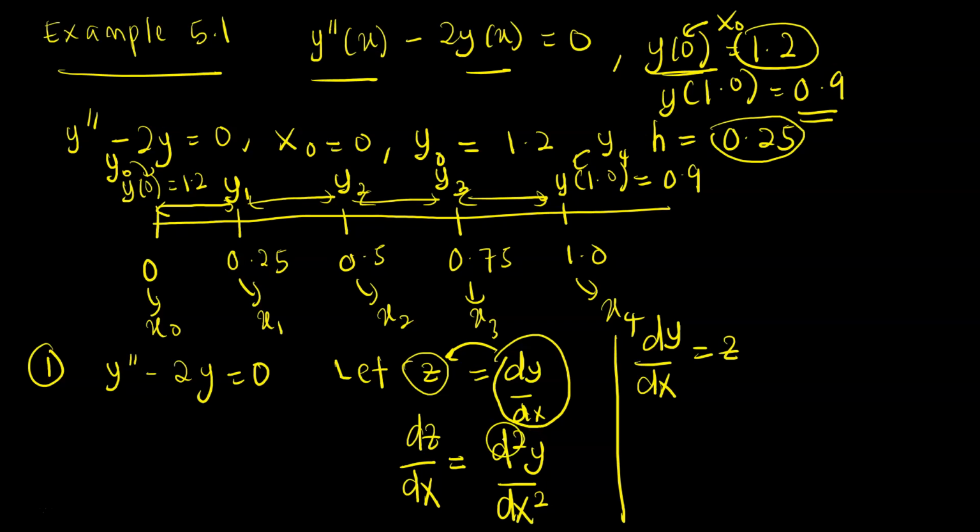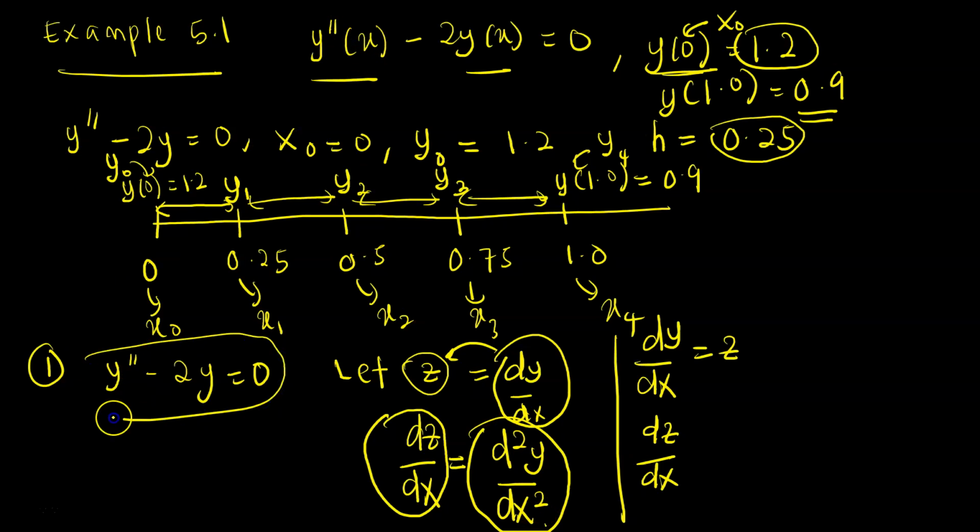But I want to have a system of first order ODEs, so I need dy/dx, and then I write another equation, dz/dx, which is equal to the second derivative of y with respect to x. The second derivative of y with respect to x, you can get from the question.